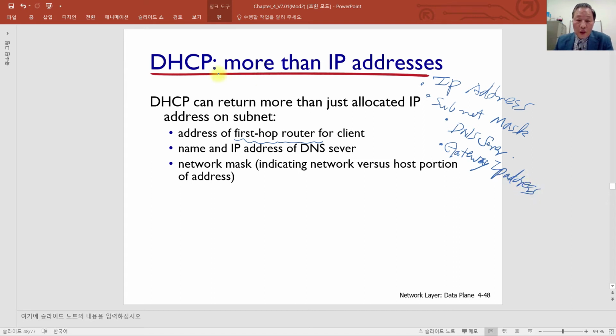This is called the first hop router, in other words, the gateway. Also the name and IP address of the DNS server: if the name is provided, then the IP address will be found. And the network mask, the subnet mask, indicates the network versus host portion of the address, as we learned already, to identify the subnet part.